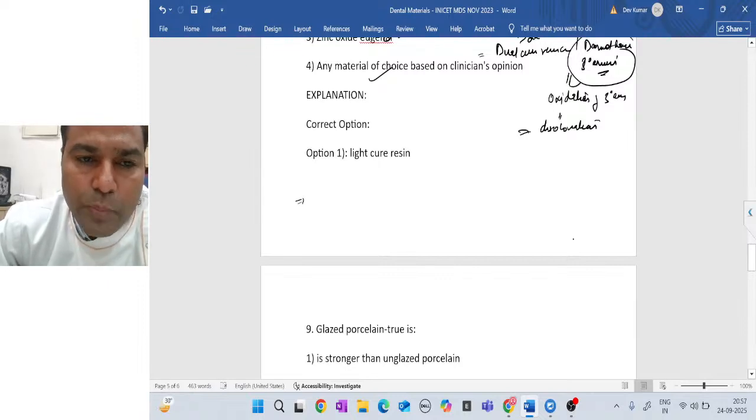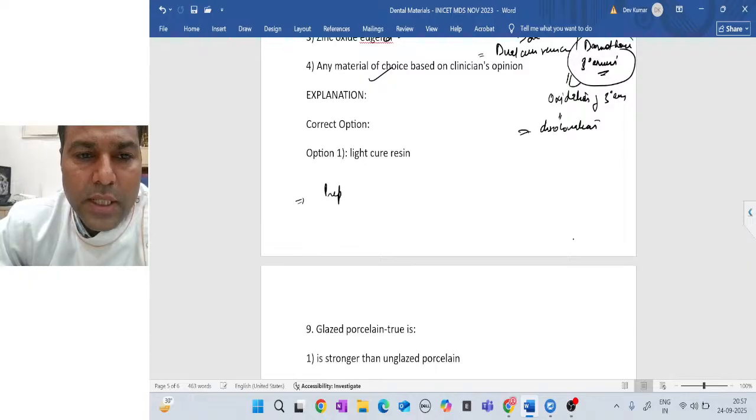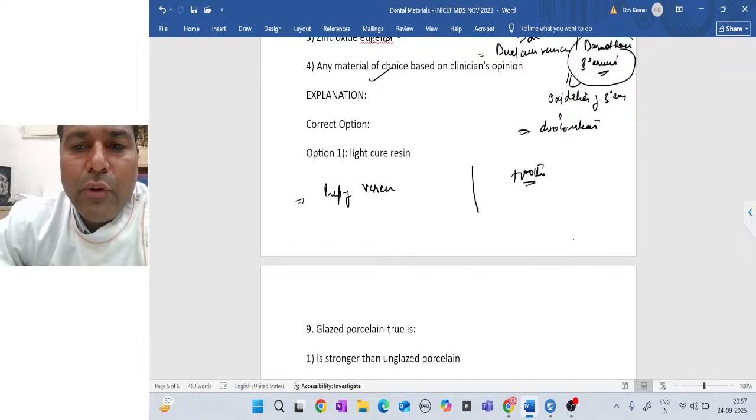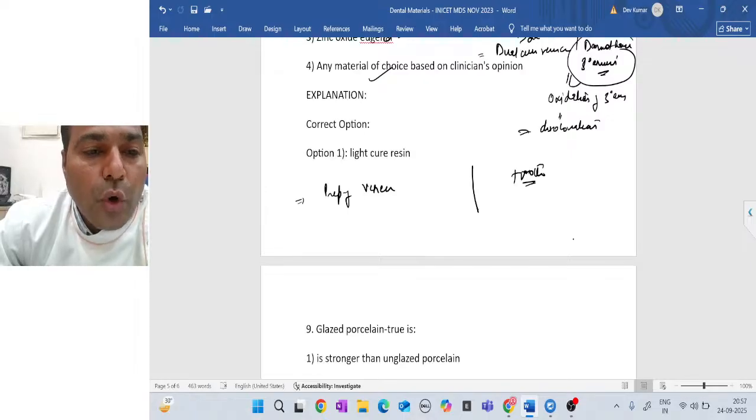Now if I am talking about this, I should also talk about the procedure. So there are two preparations. One is preparation of the veneer, and the other is preparation of the tooth that we have already prepared, and we have already made the impression. On the veneer, the tissue surface, we treat it with hydrofluoric acid.